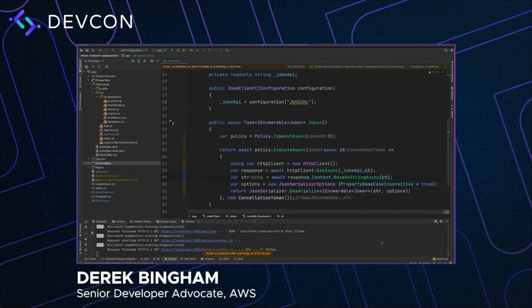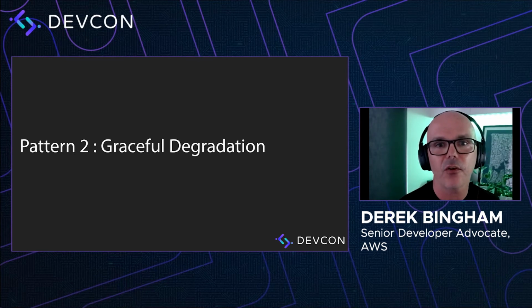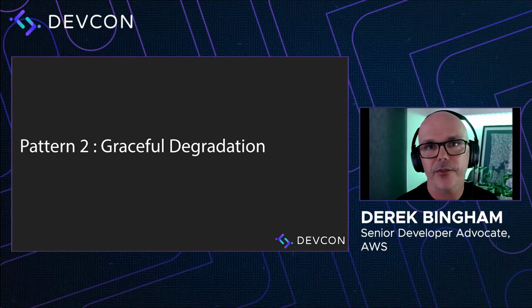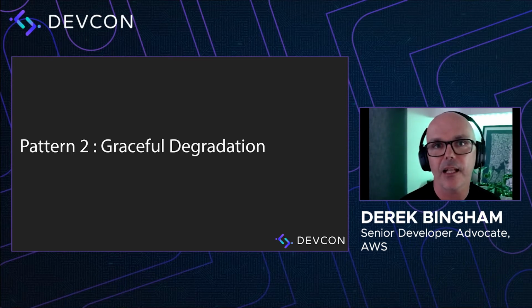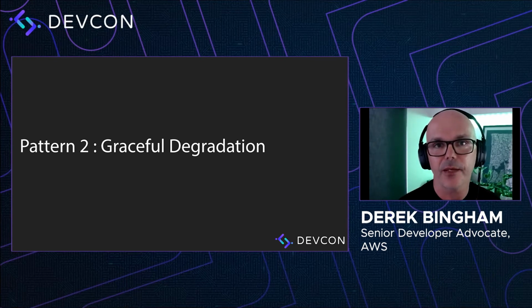So the next pattern we're going to talk about, now we've talked about timeouts and how we can improve timeouts by making them more granular, is another addition to timeouts, and it's called Graceful Degradation. Now, with our previous timeouts, we had thrown an exception and expected the client or the .NET microservice to handle that exception and do something. Well, Graceful Degradation is the do something.